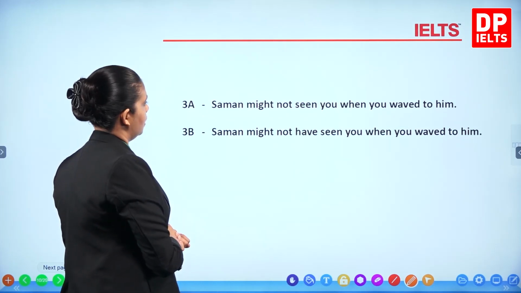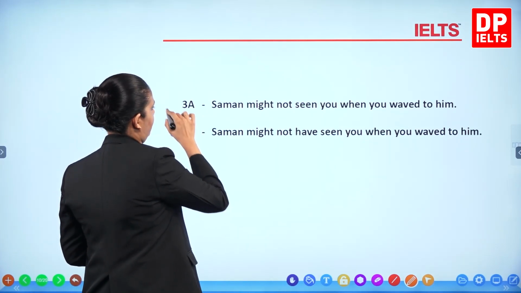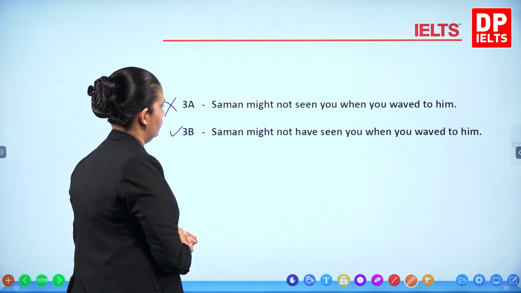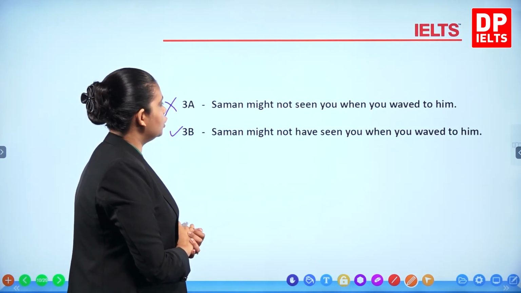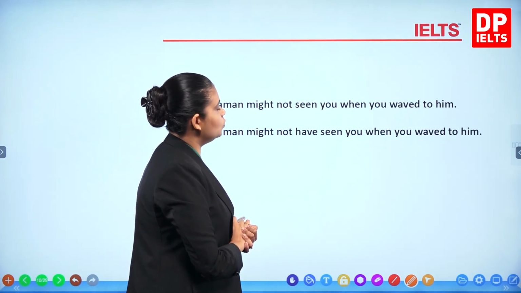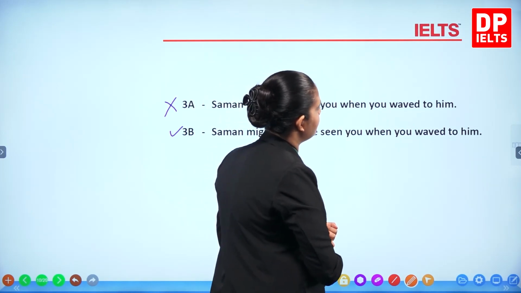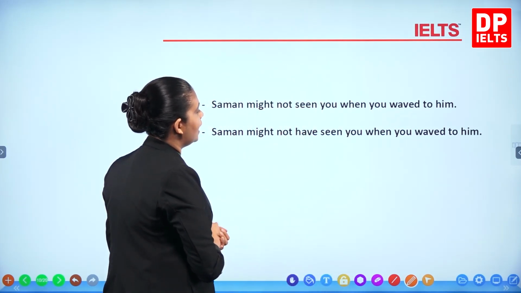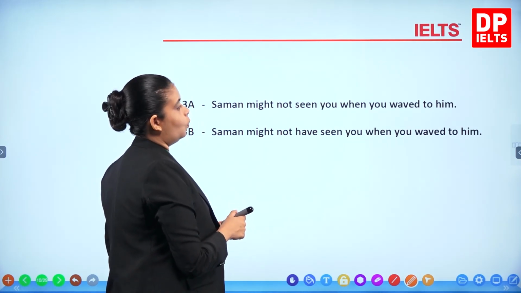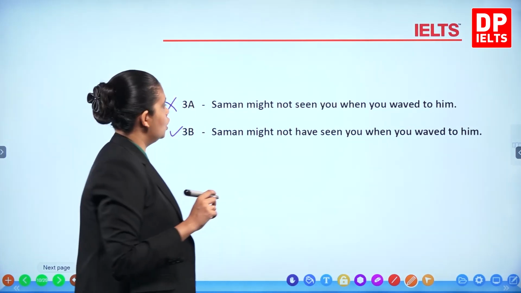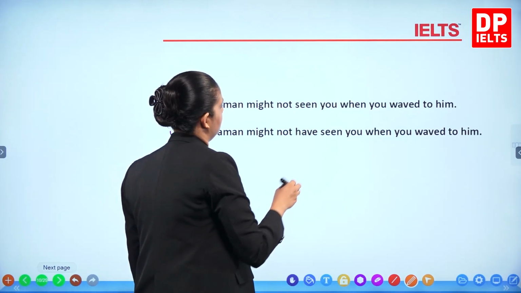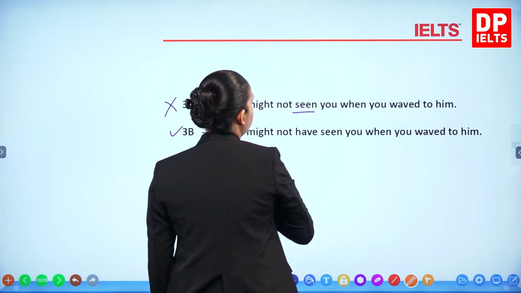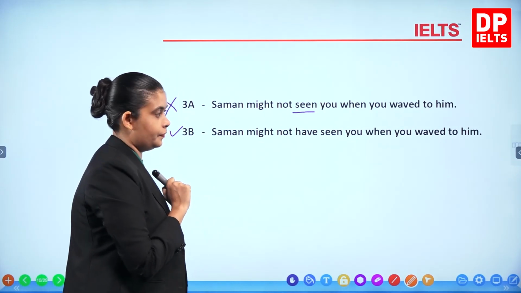Alright, next one. Why is B correct and why is A wrong? Someone might not seen you when you waved to him. Or someone might not have seen you when you waved to him. So, what happens here is this is the past participle structure, right?